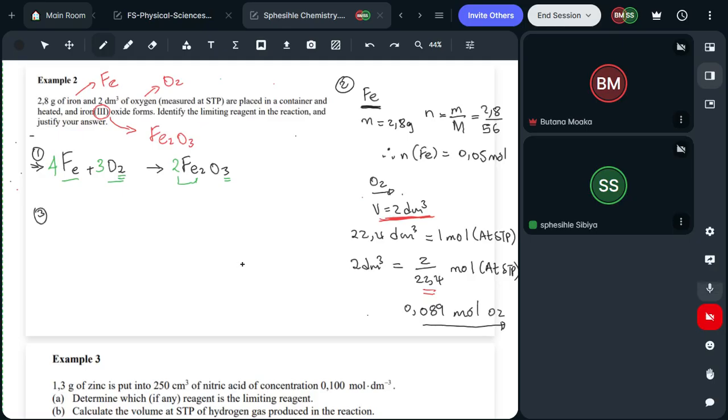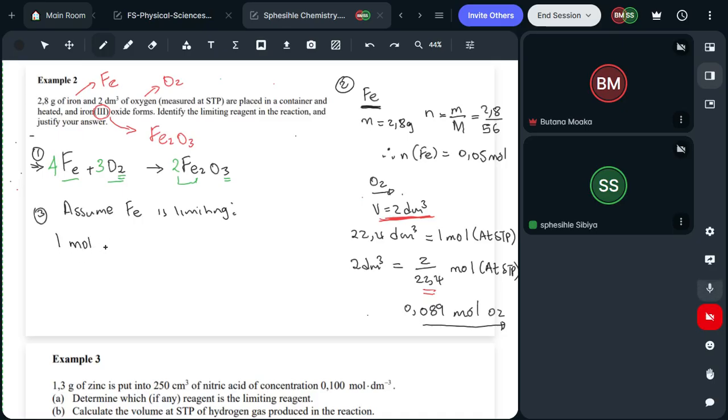So I'm going to choose any. I'm going to assume that my Fe is limiting.